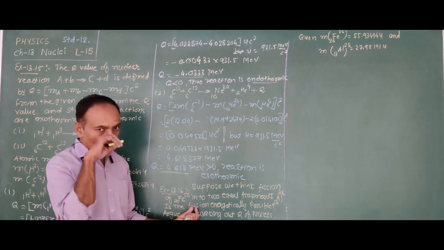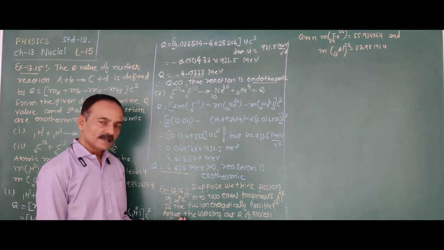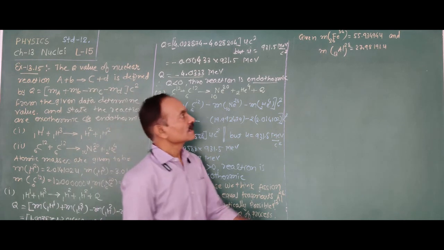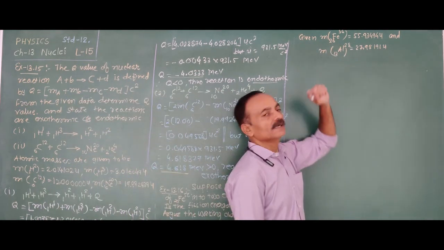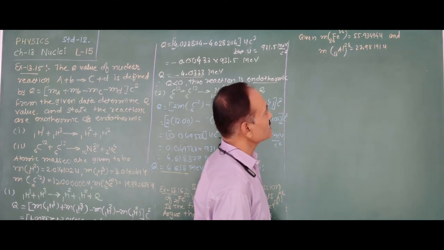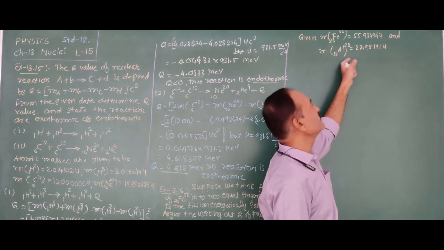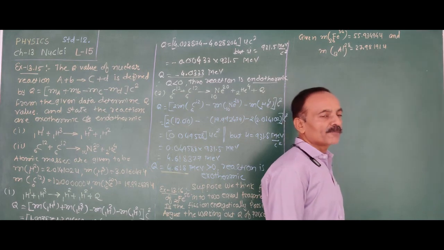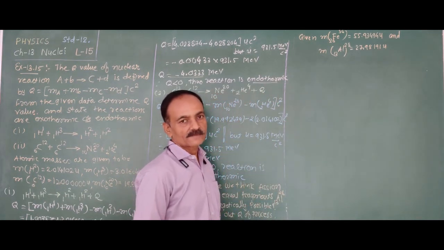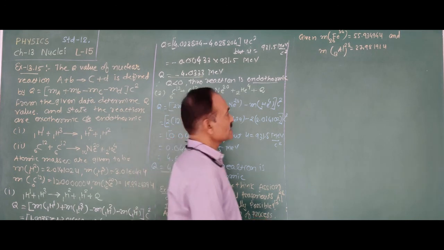Is the fission energetically possible? I give the working out Q of the process. The mass of the Fe iron is given 55.93494 atomic mass unit, and mass of the aluminum is given as 27.98191 atomic mass unit.